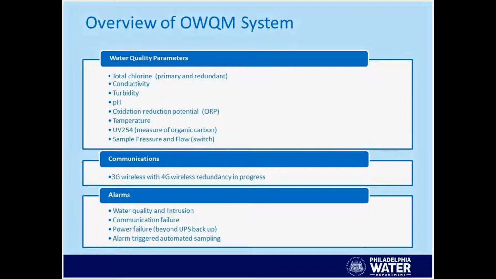The alarms coming in are our water quality alarms for each parameter listed above, and we also have intrusion alarms for our enclosures themselves, not the physical structure of the building, just the enclosures. We have communication failure alarms, and we have power failure alarms. If we have a power failure, we do have backup batteries on site, so we won't know immediately that there's a power failure until the UPS runs out. That's a systems integration issue that we're trying to address.